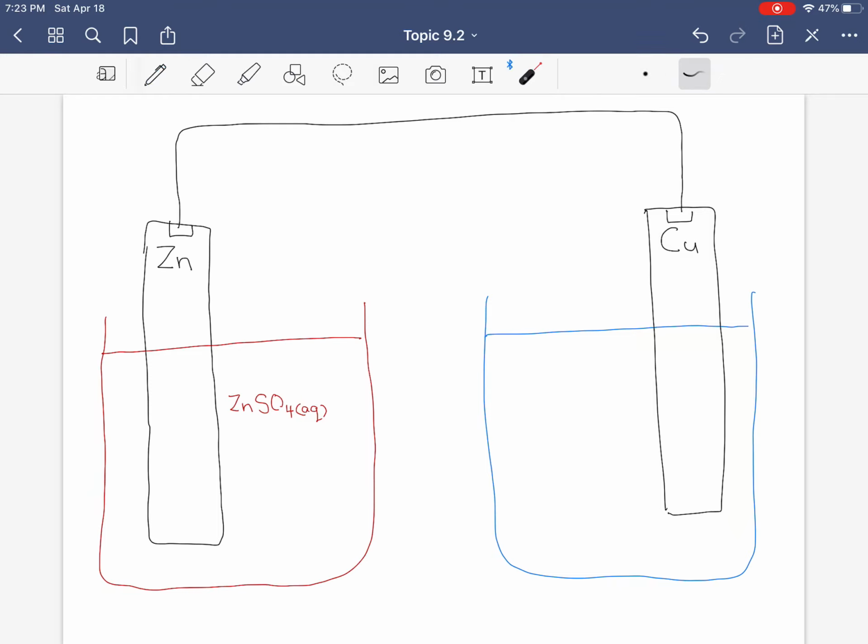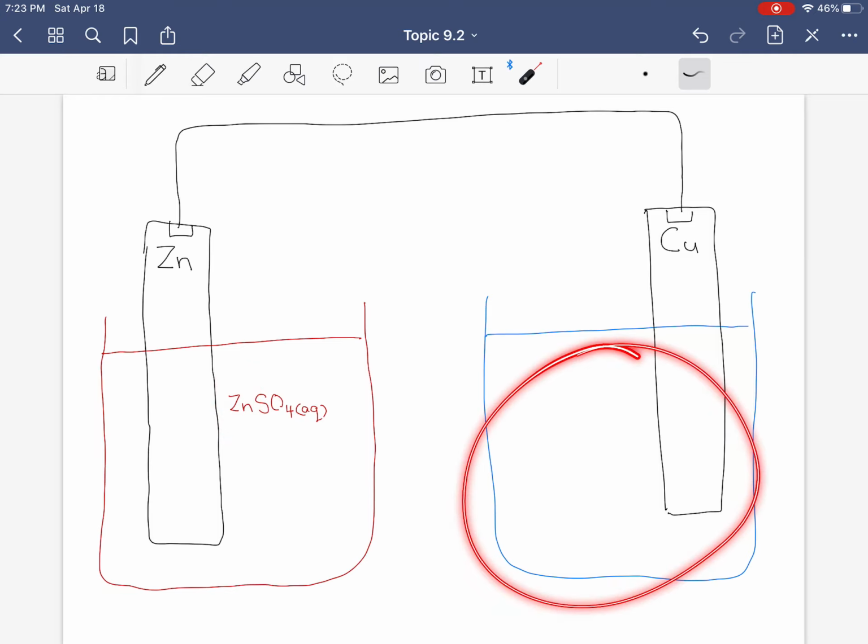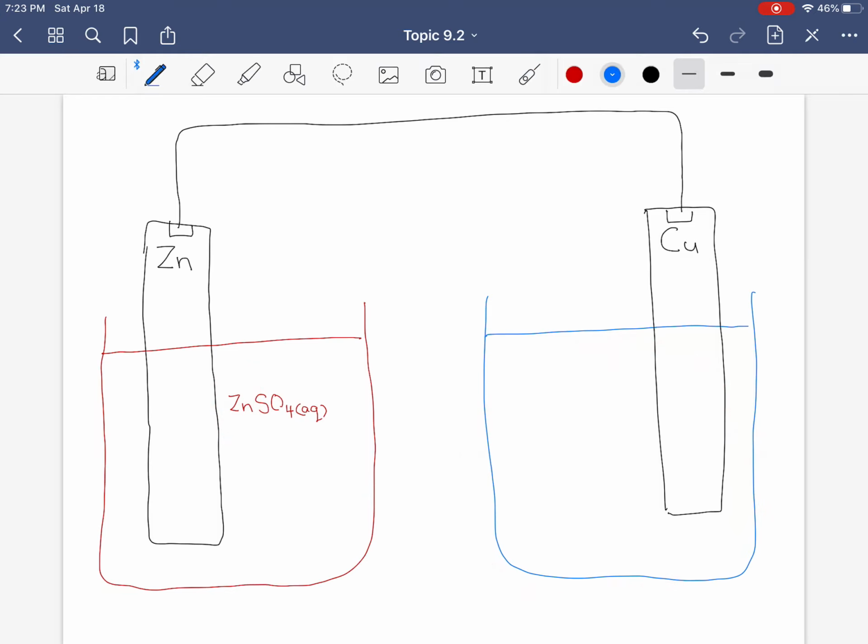Now, what about this? Well, if the solution here has to involve zinc, the other solution here has to involve copper. Well, I'm going to choose copper sulfate.